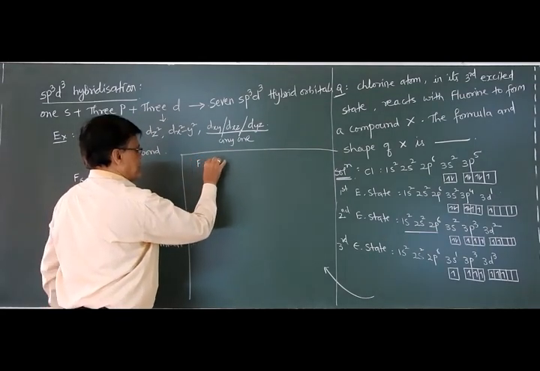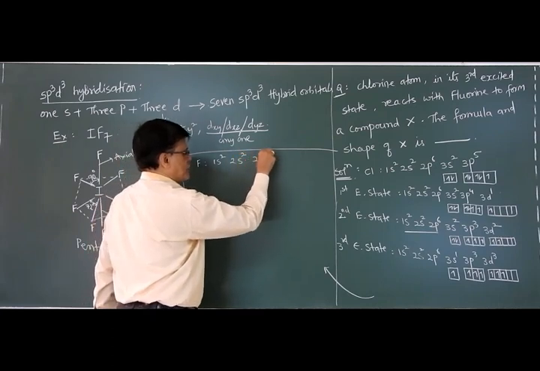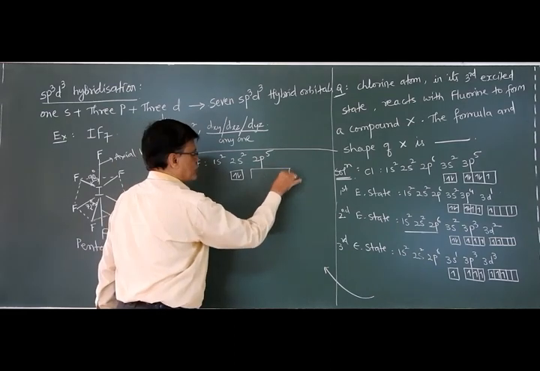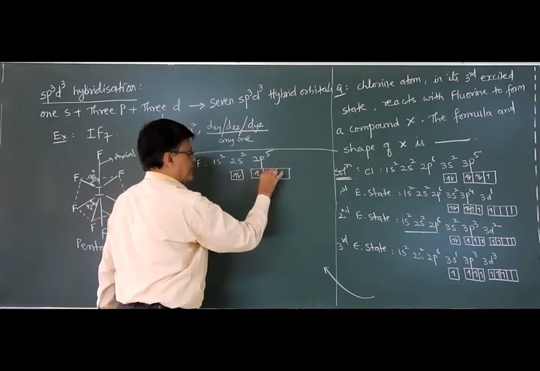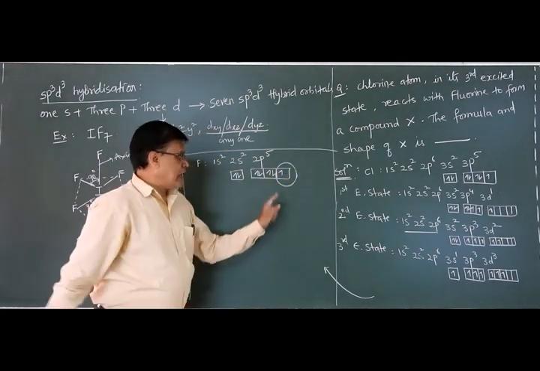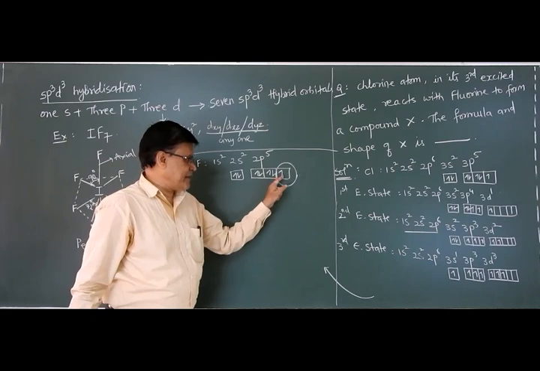What is the fluorine configuration? 1s2, 2s2, 2p5. 2s has 2 electrons, 2p has 5 electrons. A half-filled orbital, having 1 electron, is an unpaired electron.